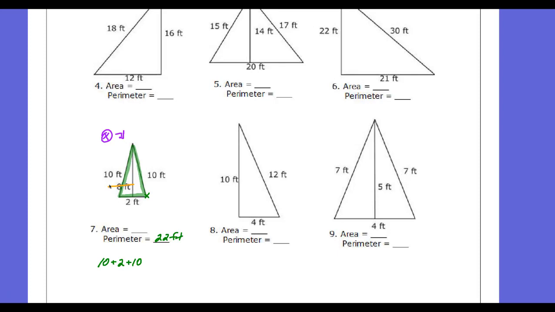When we do the area, we will need that 8 feet. Let's get rid of all of that excess stuff. And now we're going to find the area.